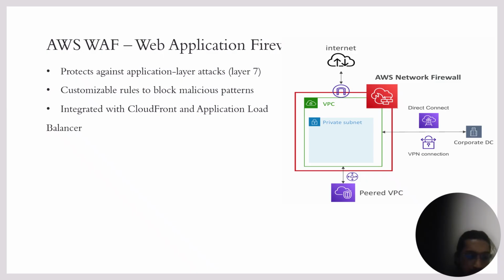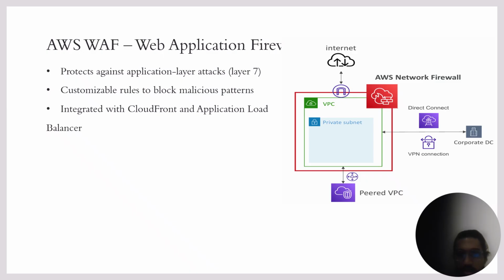You can create custom rules to block suspicious traffic patterns, such as too many requests from the same IP, SQL injection attempts, or bots. Because the web application firewall integrates with CloudFront and the application load balancer, it can stop malicious traffic before it even reaches your servers, saving resources and cost.